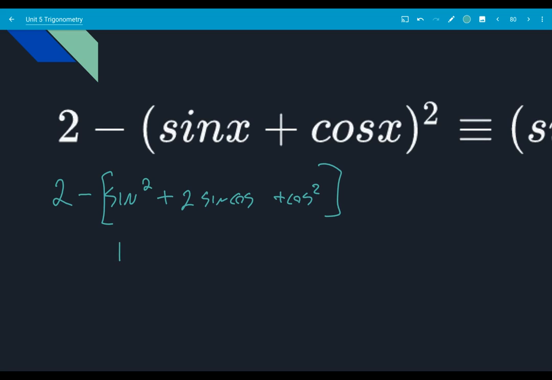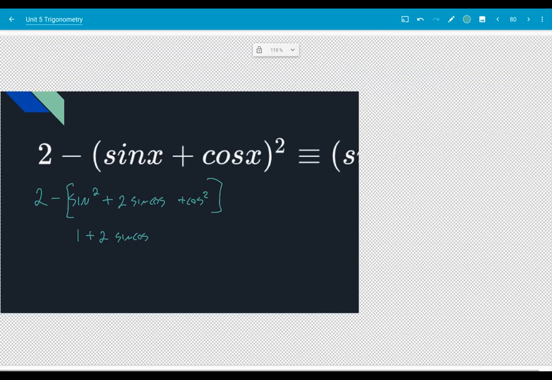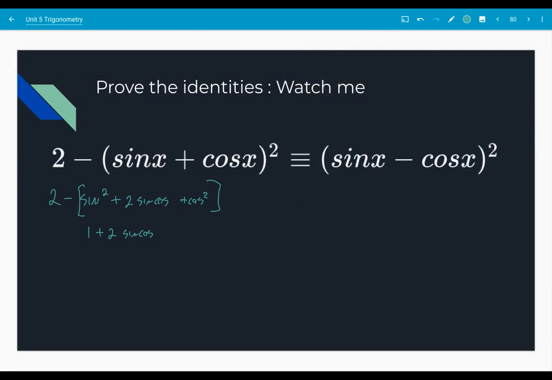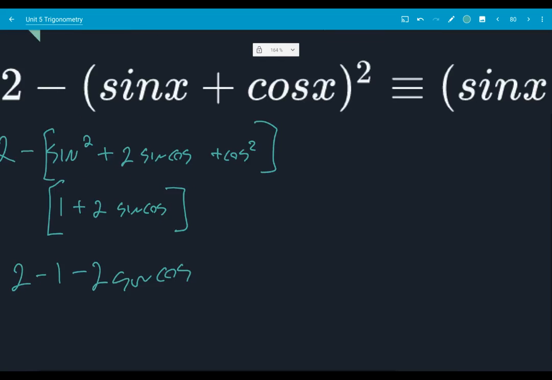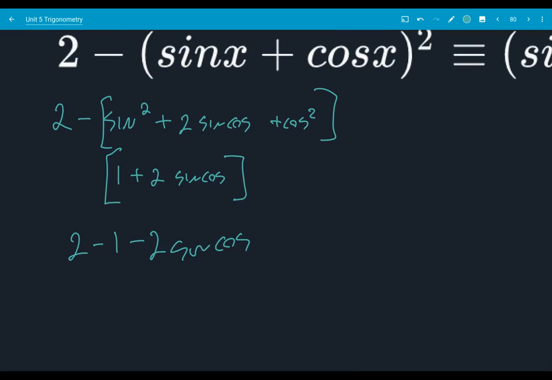So we know that it is 1 plus 2 sine cosine. So we have 2 minus 1 minus 2 sine cosine. I don't know why I'm putting that in brackets. 1 minus 2 sine cosine. So that didn't get me anywhere.